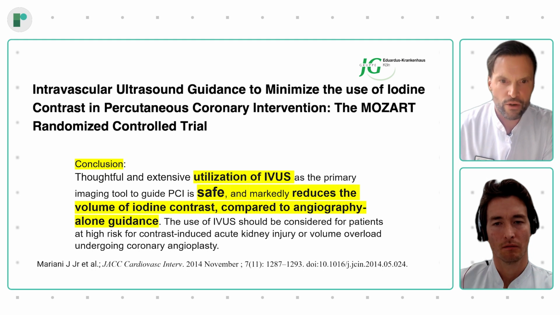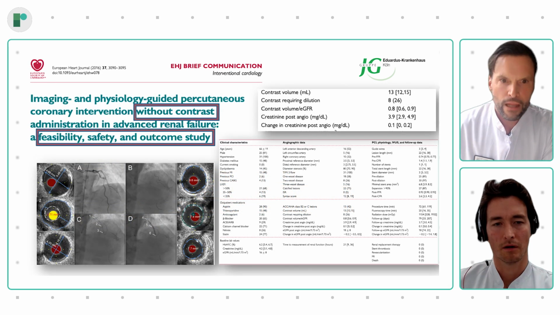And this has been shown already 10 years ago in this small study, the MOZART study, which was a randomized controlled trial, and they found that the utilization of IVUS was safe and it reduced the volume of contrast dye compared to angiography alone.